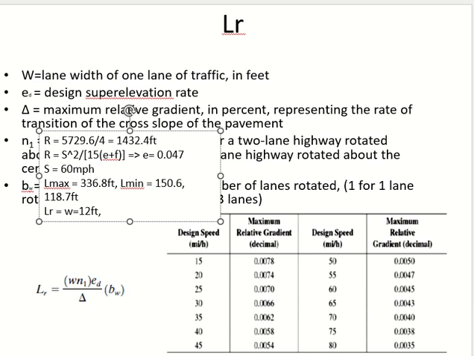N1 is the number of lanes rotated. I have a total of 2 lanes. When you have 2 lanes, we take the lanes on one side of the reference. My reference is the center, so one side of the center means 1 lane. So my N1 will be 1.